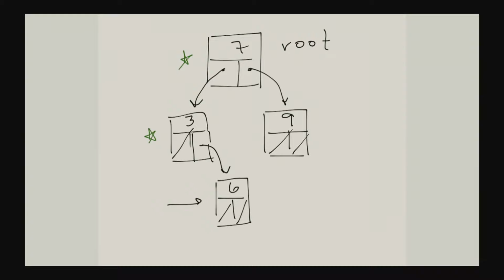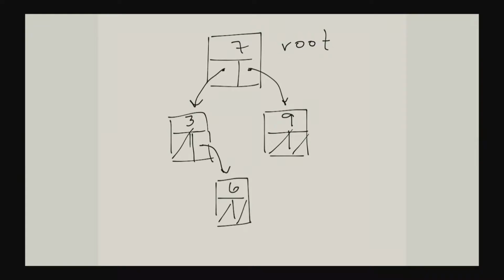If I'm looking at the node 9, then the ancestor of 9 is just 7. And descendants are exactly the reverse, right? So if I want to look at all of the descendants of 7, then I have to look at all of the nodes beneath it. So 3, 9, and 6 are all descendants of 7. Cool.